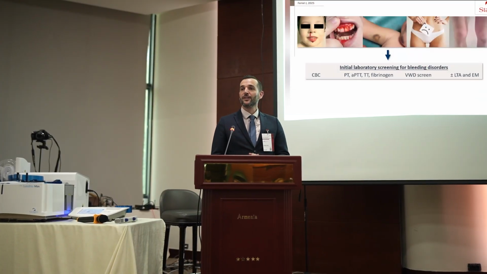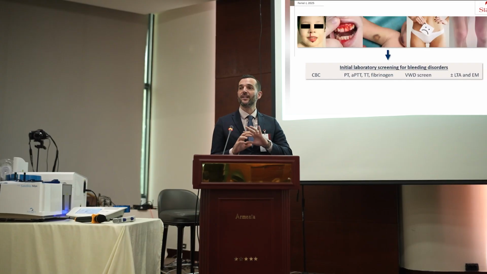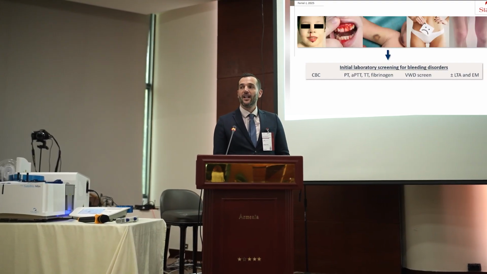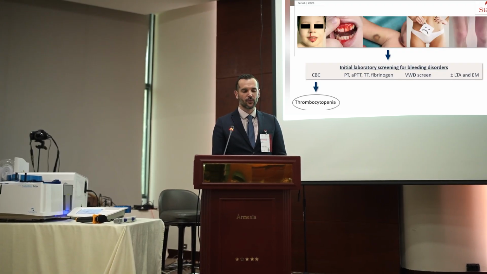Initial laboratory screening for bleeding disorders varies among providers and centers. But it is common practice to test simultaneously coagulation factor deficiencies and primary hemostasis disorders. To do that, we will first request a CBC to detect thrombocytopenia.